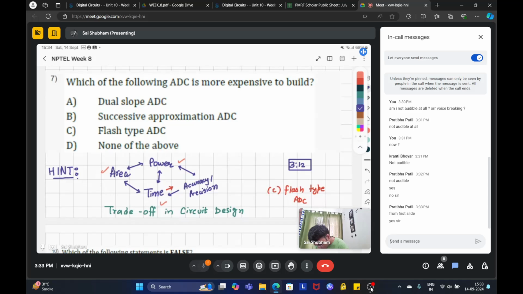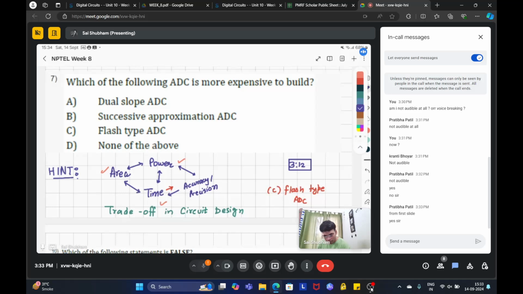The second is, which of the following ADC is more expensive to build? I suggested a hint that in any integrated circuit that we design, we have some constraints in terms of area, power, time, and accuracy, and these are very much intertwined with each other.